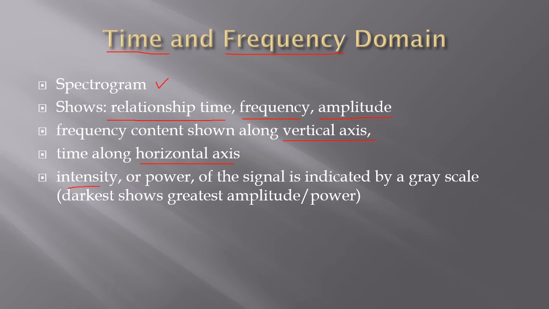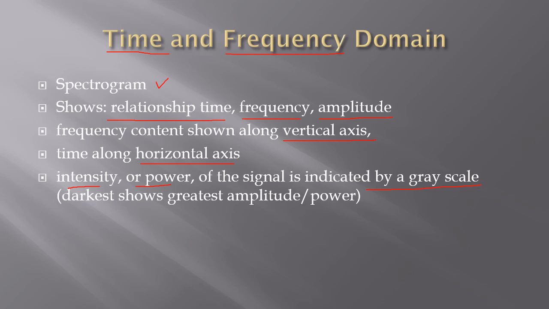The intensity or power of the signal is indicated by a grayscale. This is, however, not necessarily grayscale. It could be another monochrome color.